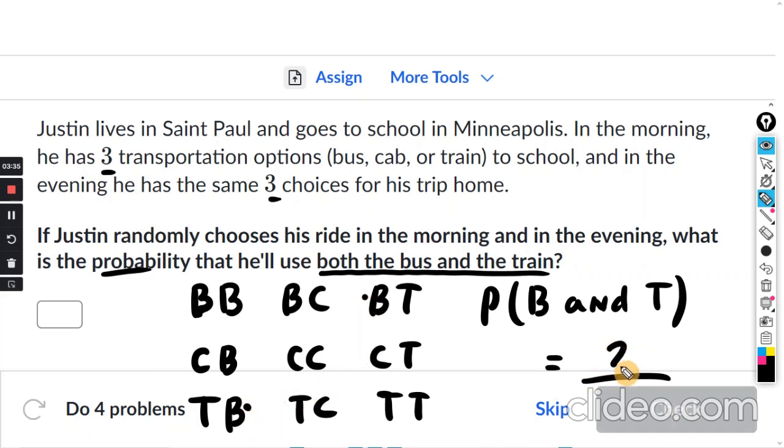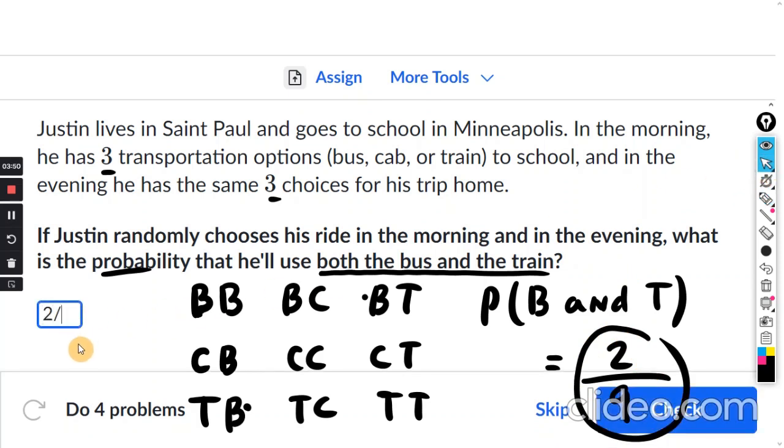So that's 2 out of how many? 9 possibilities. All right, it's number of favorable divided by total number of outcomes, the basic probability formula. So that's it. It's just 2 over 9. There's more than one way to write the sample space, but I didn't have enough room for the tree. So I suggest you write out all the options so it's easier to see the probability.